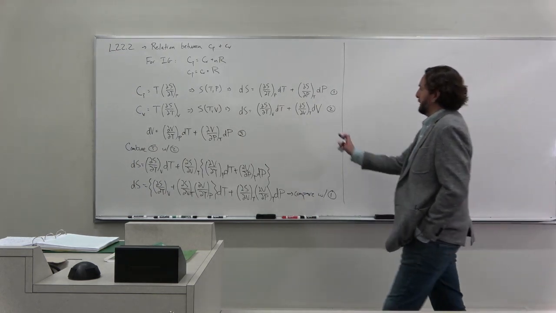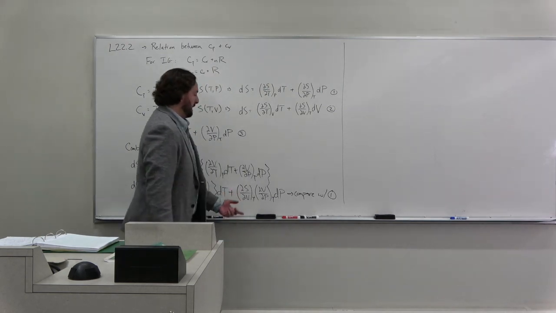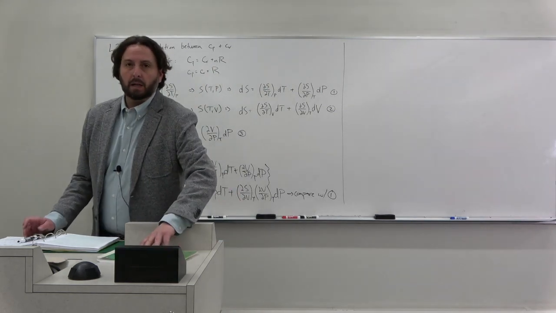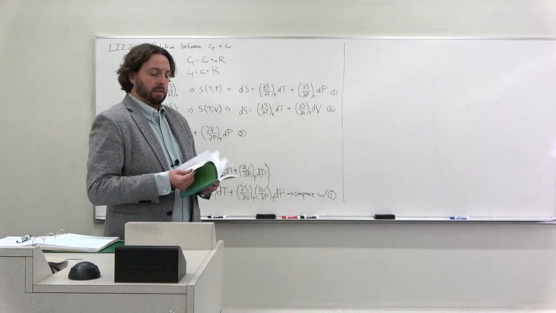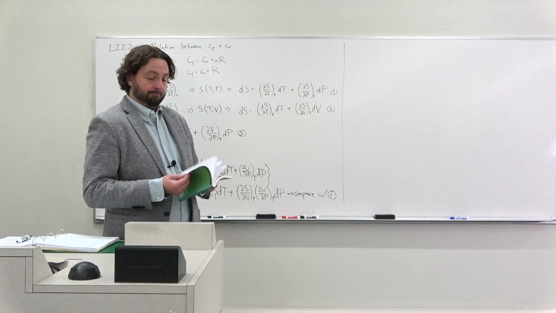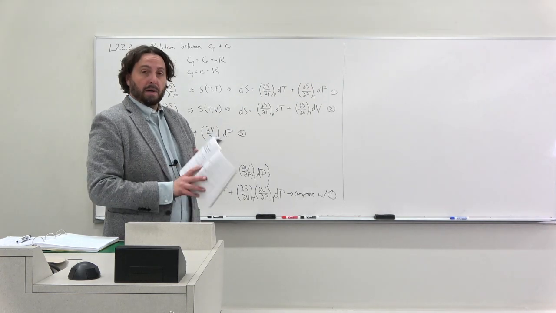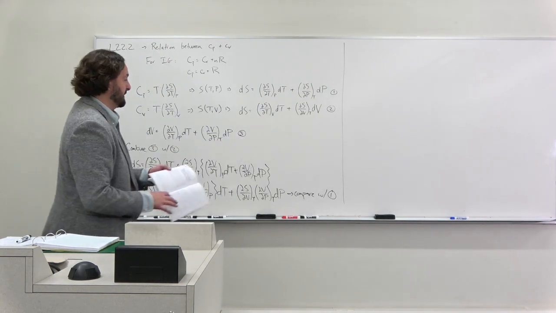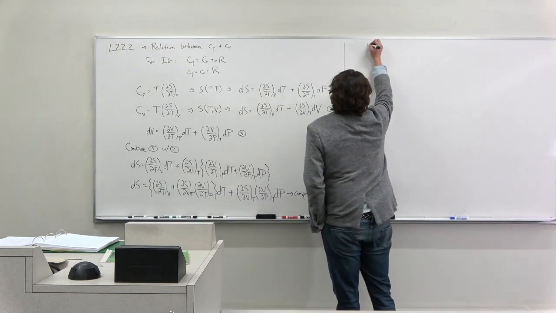So let's look at the dp part first. We can see quite clearly that, and actually a little note, Appendix B in Finn has some nice mathematical relations for partial derivatives. And this one is called the chain rule.